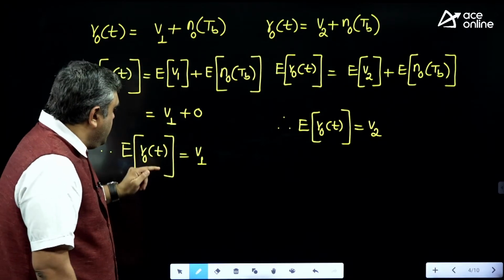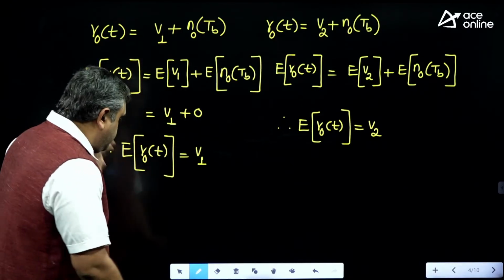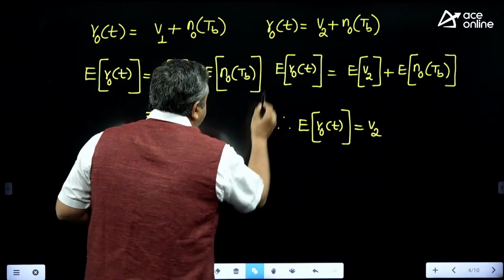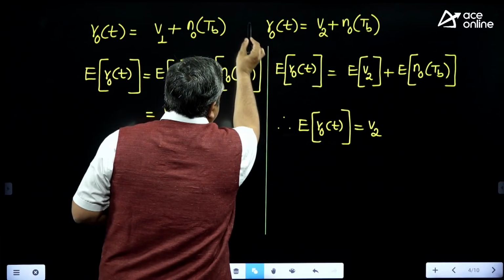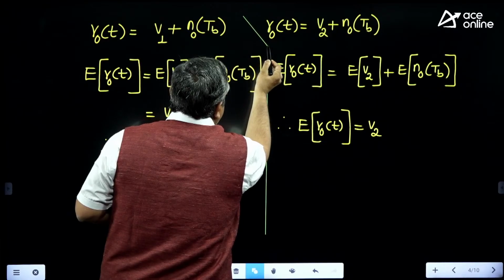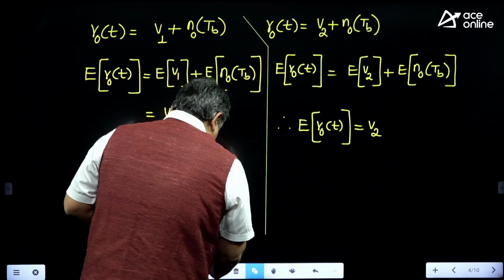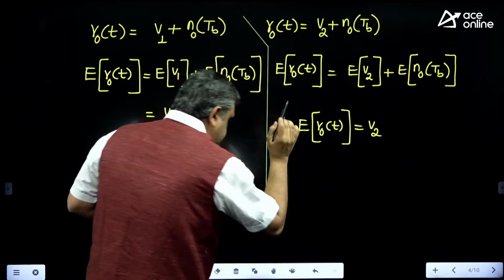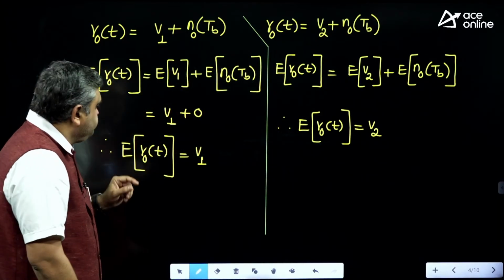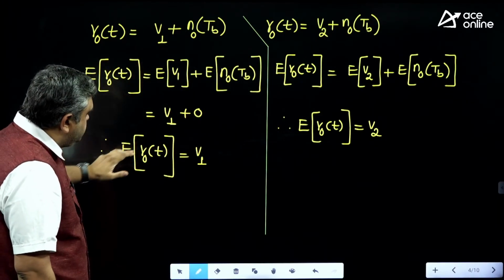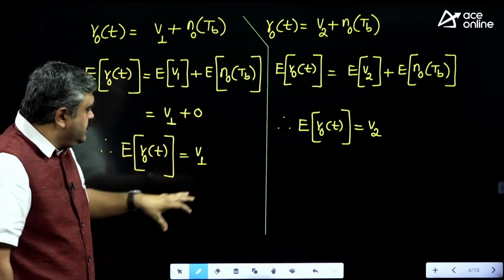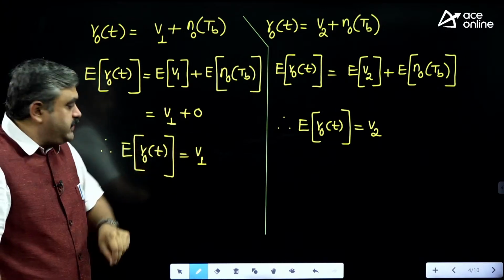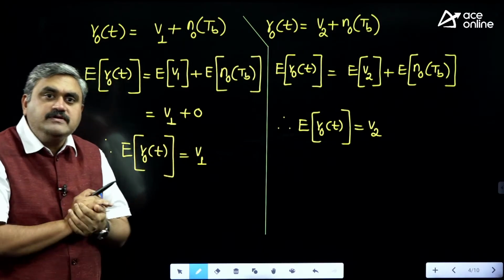If you take the density function at this stage, the mean value of the processed signal coming at the input of your threshold detector is V1.